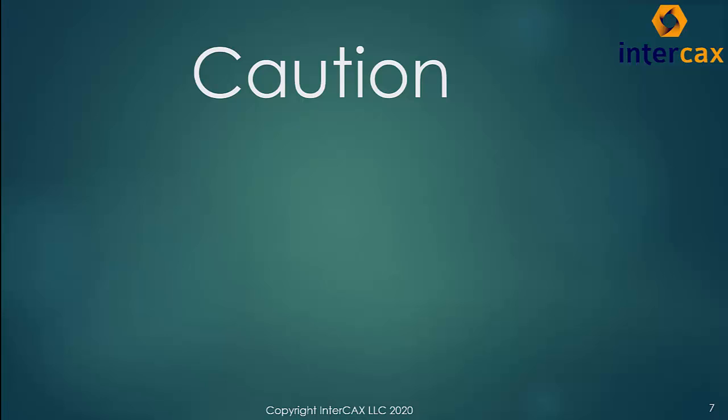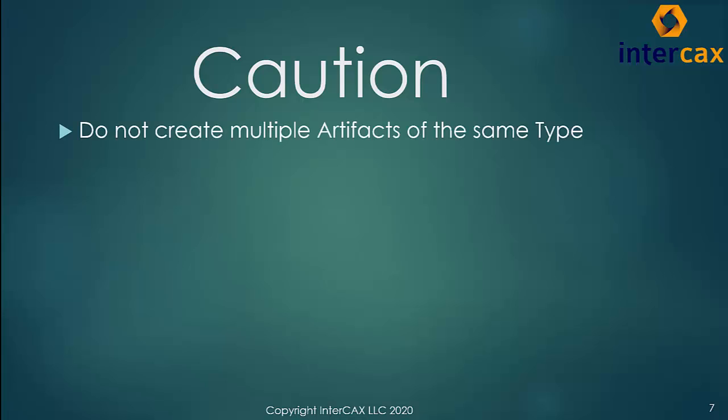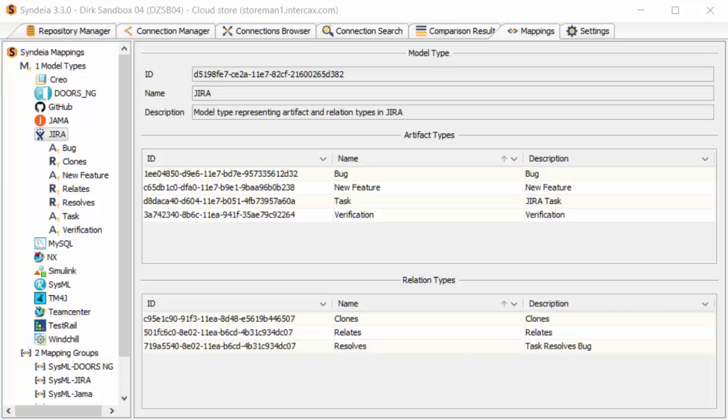One further caution based on user tech support experience. Do not create multiple artifacts of the same type. In the Mapping tab under Model Types, we can see a list of artifact types listed for each tool, for example in Jira.